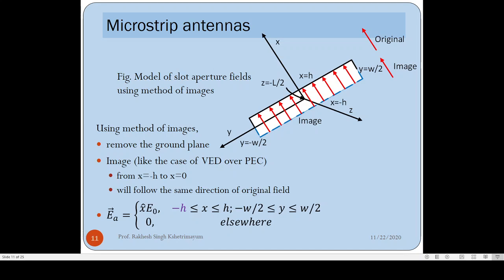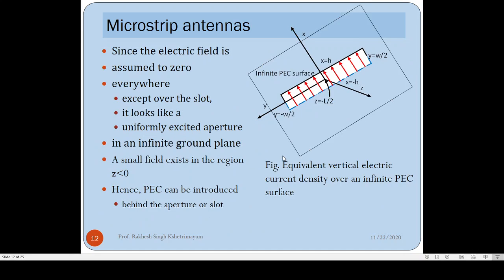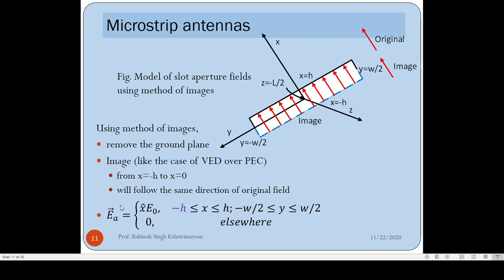That's not all. We can still apply the principle of images. Basically what we have assumed is that the aperture electric field is 0 elsewhere. It is having a uniform field directed along the x-axis within this aperture only. So outside this everything is 0.